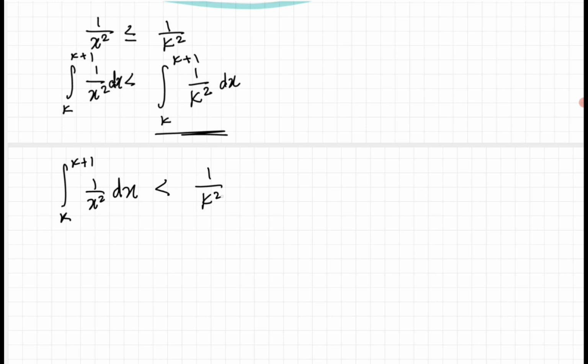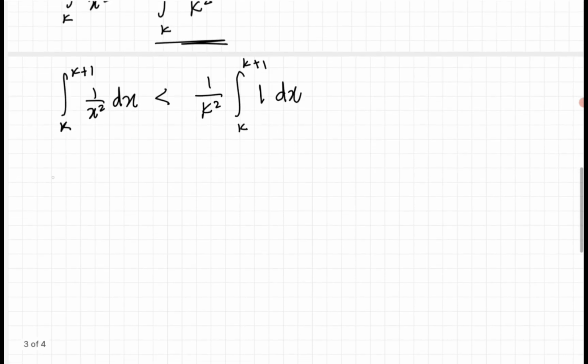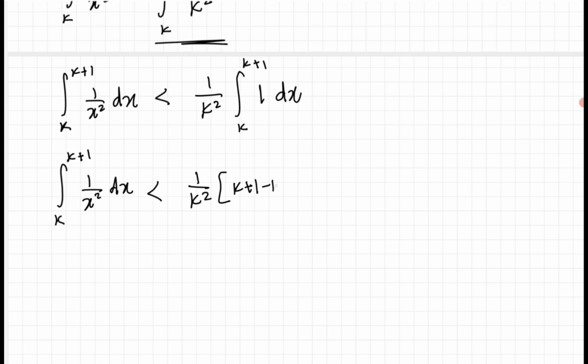We can take that out, and we're left with the integral from k to k plus 1 of 1 dx. So we get the integral from k to k plus 1 of 1 over x squared dx is less than 1 over k squared times k plus 1 minus k. This and this cancel, and you're just left with 1 over k squared.